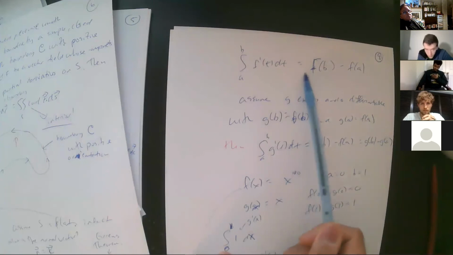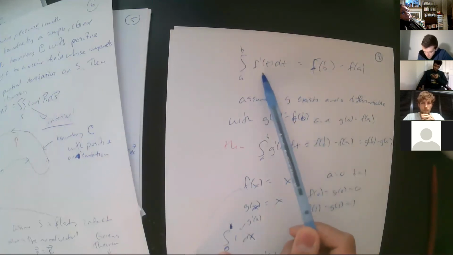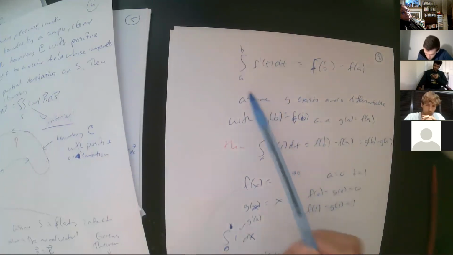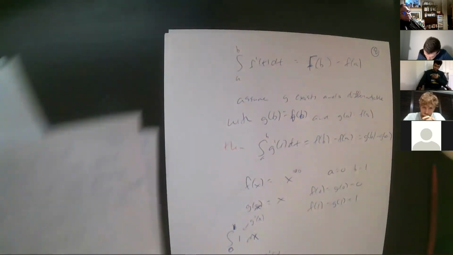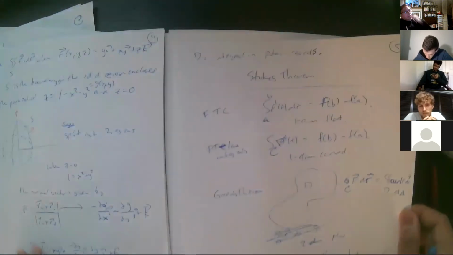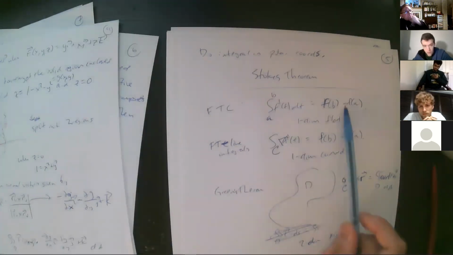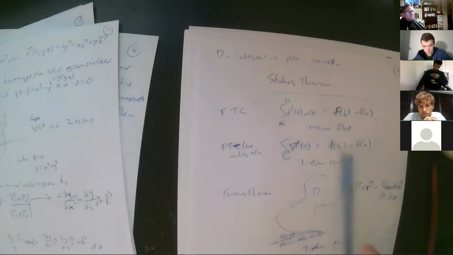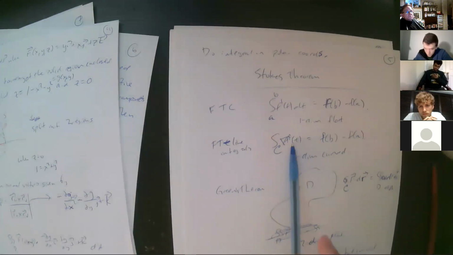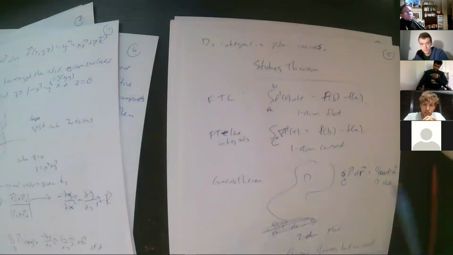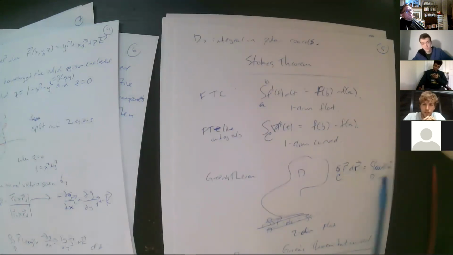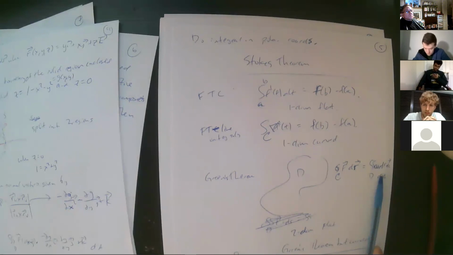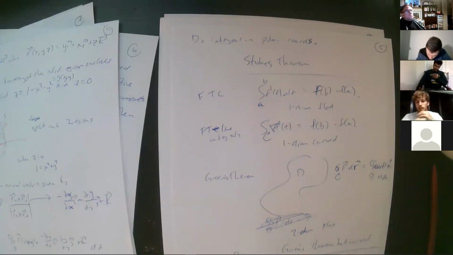When I move from the boundary to the interior, I have to take a derivative. In the one-dimensional case it was a derivative, and when I moved from the boundary to the interior in the two-dimensional case, I have to do a curl, right?